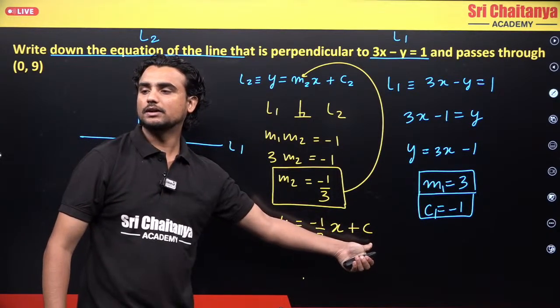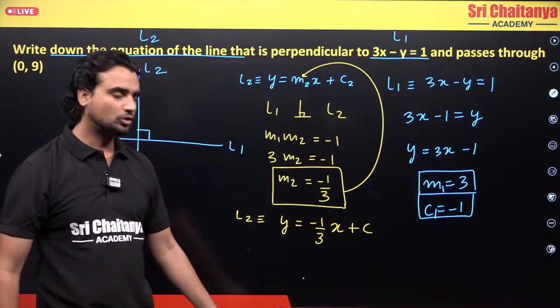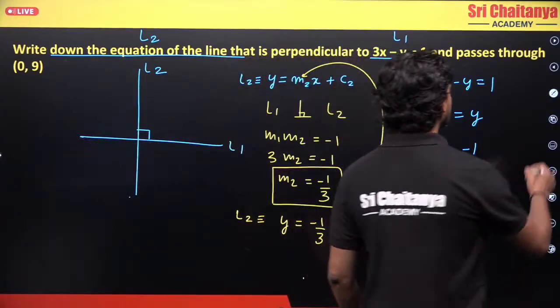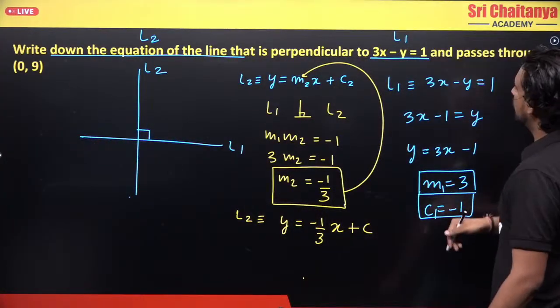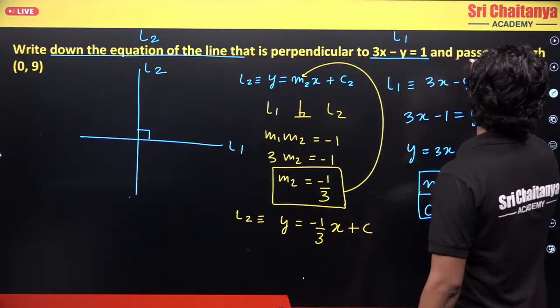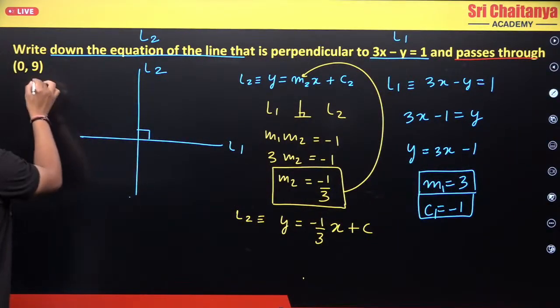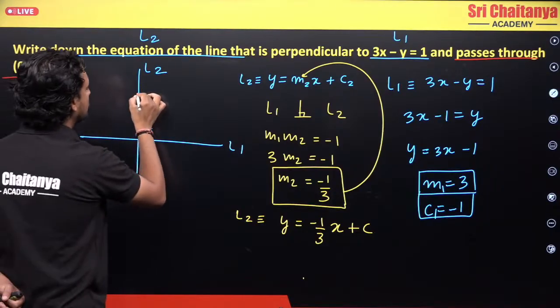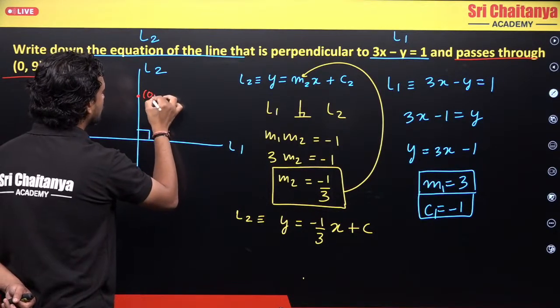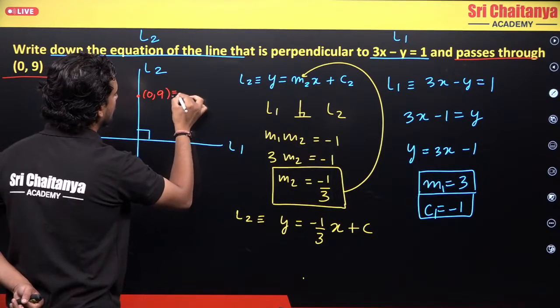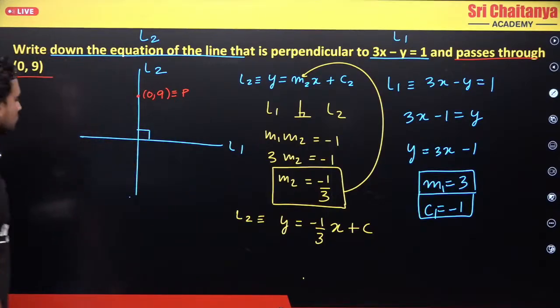No, I don't. To find the value of c, the intercept, I will use the last condition that is given. It passes through 0, 9. This is the point P, 0, 9, which lies on the straight line.